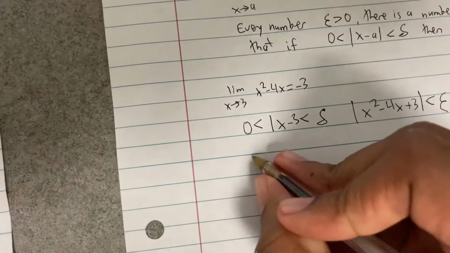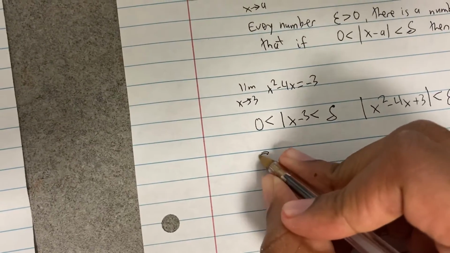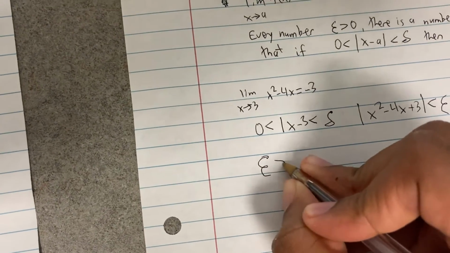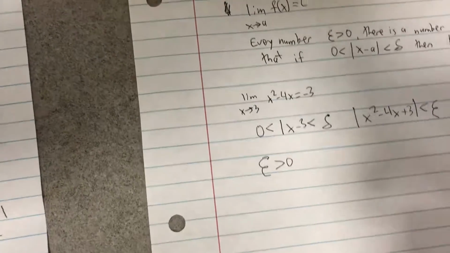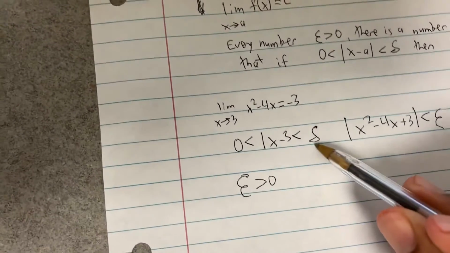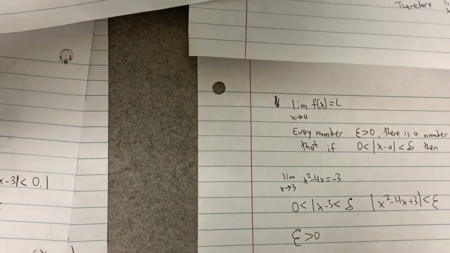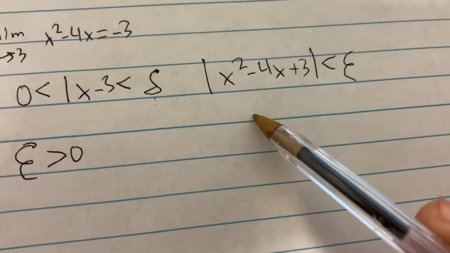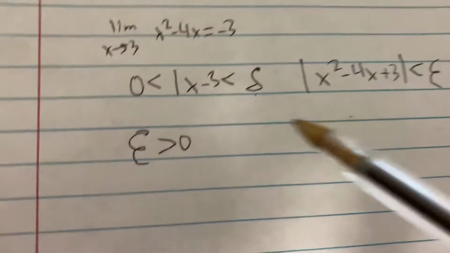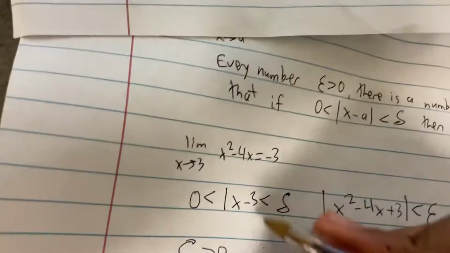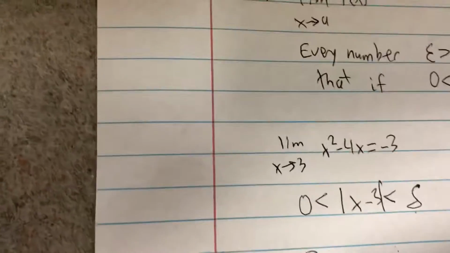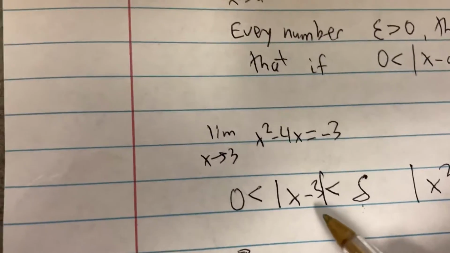So if you let epsilon greater than 0, let that be 8. Then you have to choose what delta would be. So basically, after that, you know that this is true whenever the absolute value of x minus 3 is less than that.